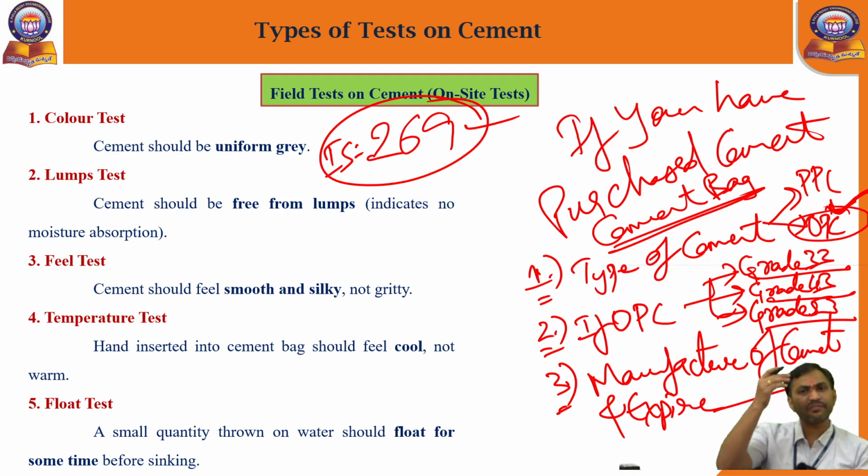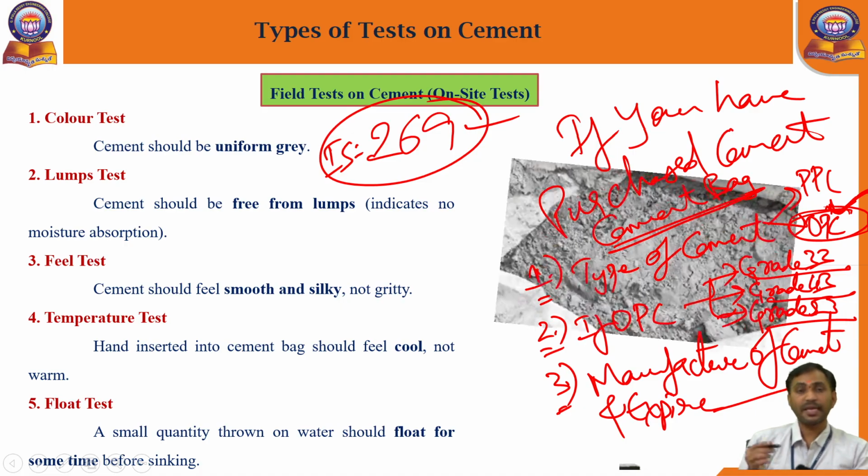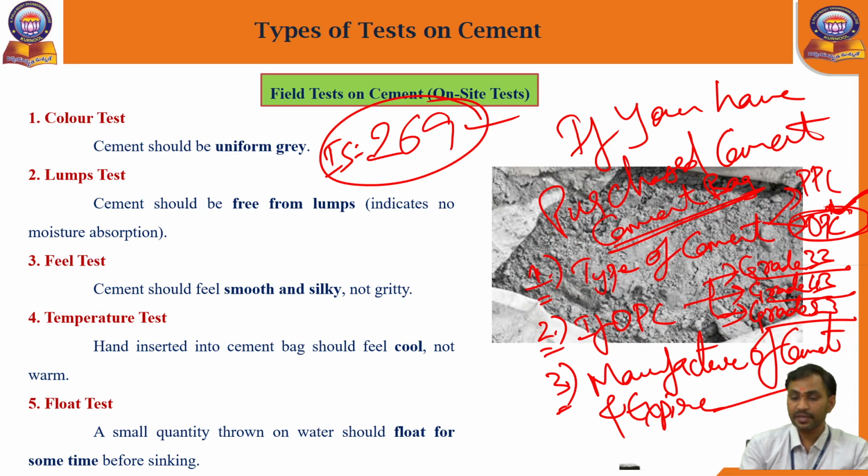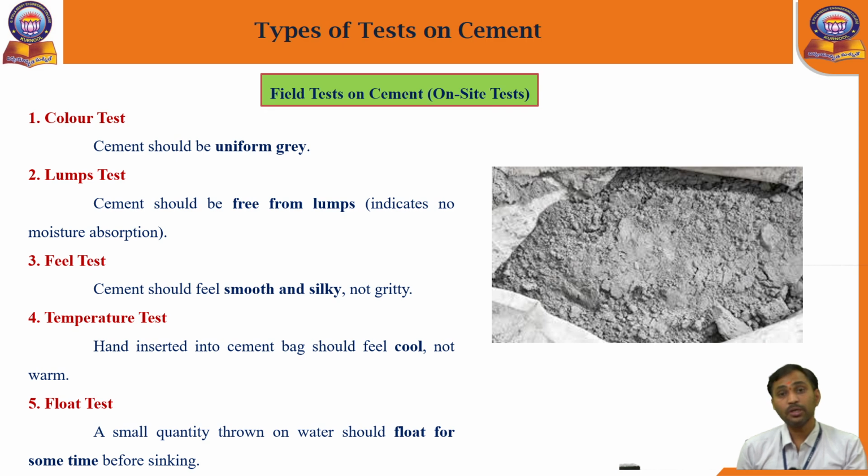There are different code books available for the different types of cements. In that, for the OPC, we can refer to IS 269. Okay, done. So these are the types of checks we have to do in the field areas. Later we will move on.